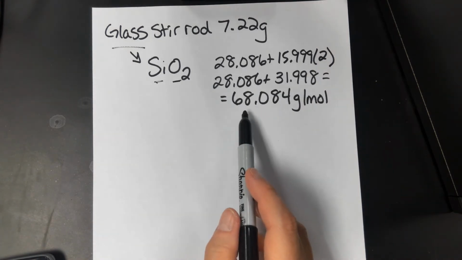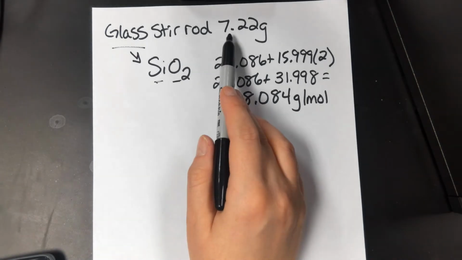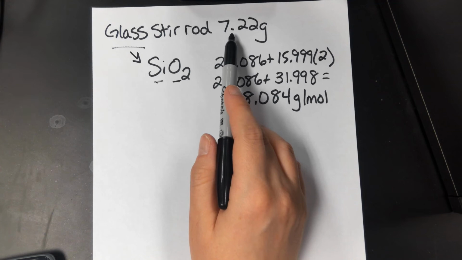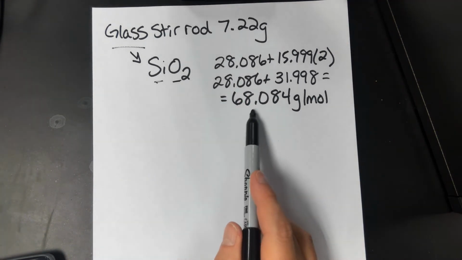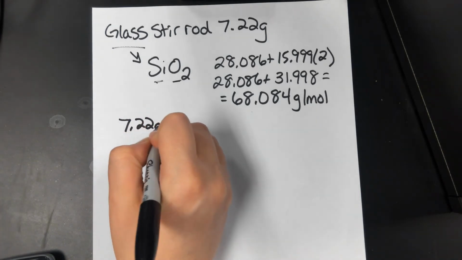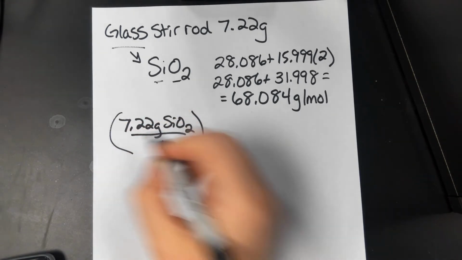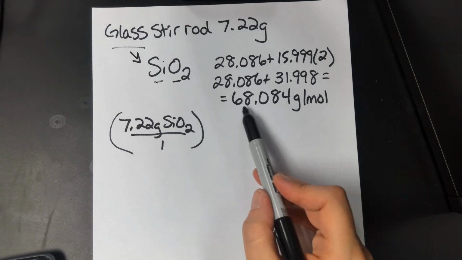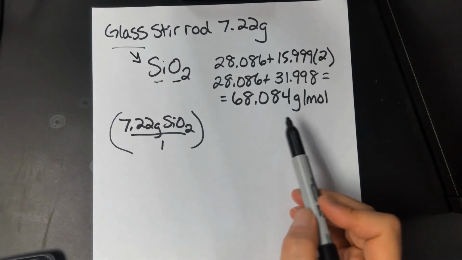So if I wanted to find the number of moles of the glass that I have, I would have to take this and do what? Use the molar mass. So put 7.22 grams of SiO2 over 1, and then with this number, 68.084 grams per mole, do I put grams on the bottom or the top?